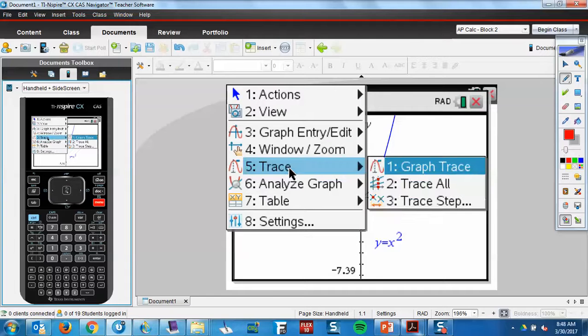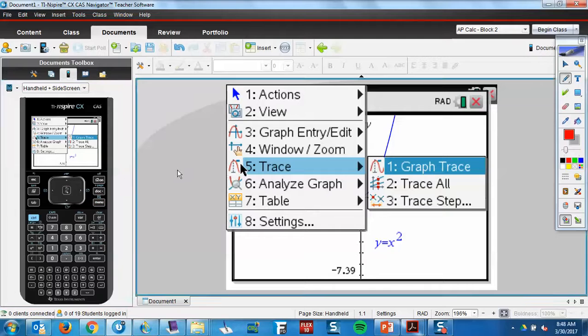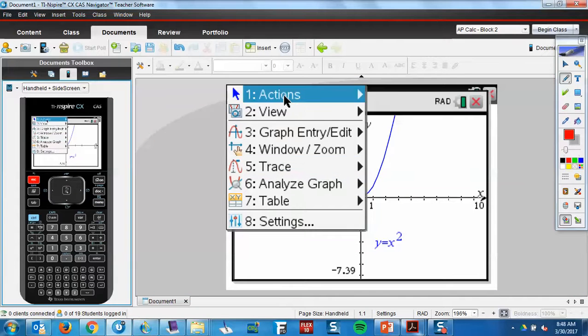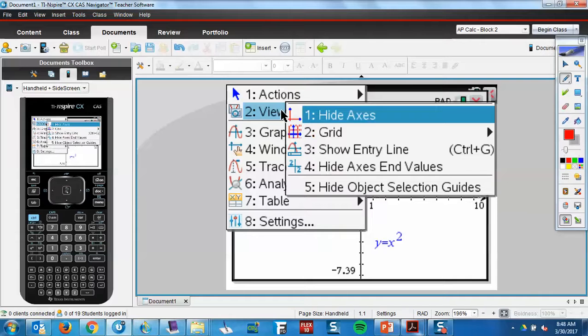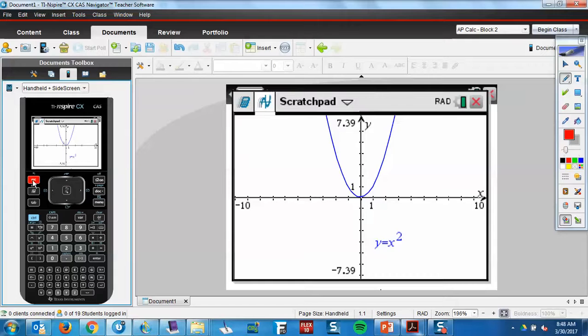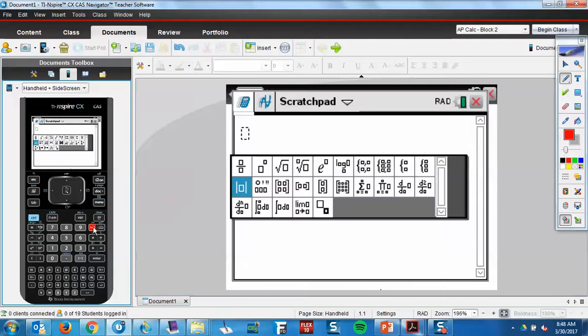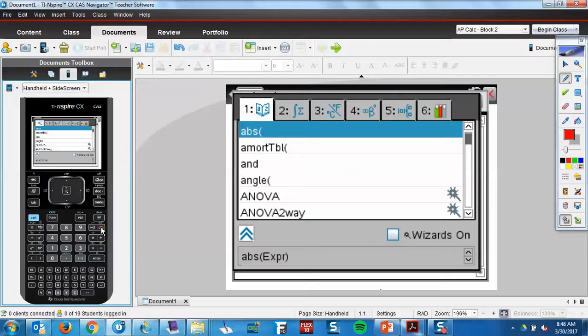Let's see if I trace. Okay, let's see. Let's go to the calculator screen. Let's go to the book.